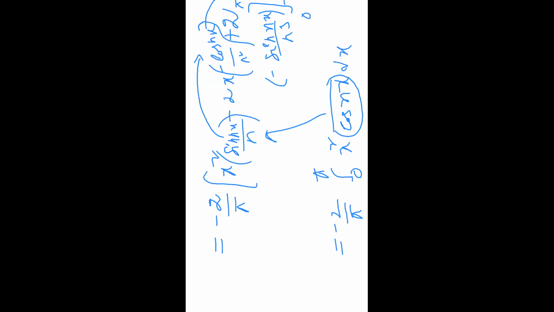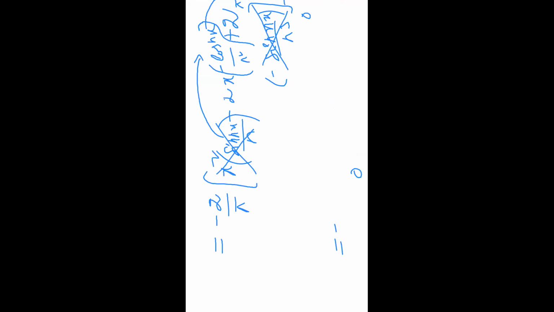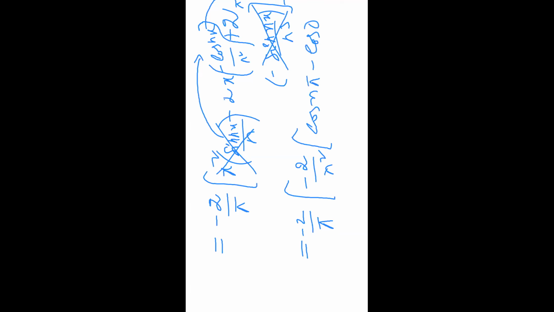So we cancel the sine functions easily and write the remaining function by replacing the limits. So minus 2 by pi as a constant, and the remaining value is minus 2 by n square into cos nx, so cos n pi minus the lower limit cos 0.